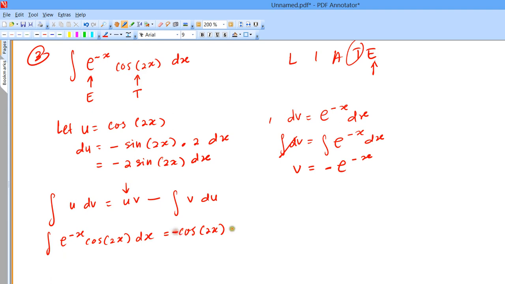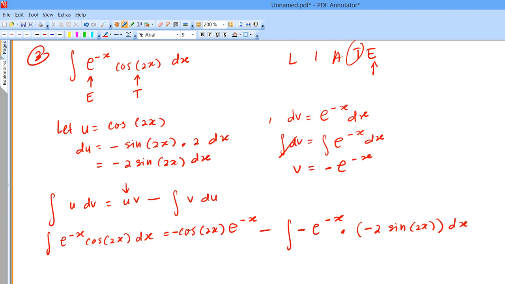So negative e to the power of negative x, and then minus integrate, v we have negative e to the power of negative x times du, which equals negative 2 sin 2x dx.